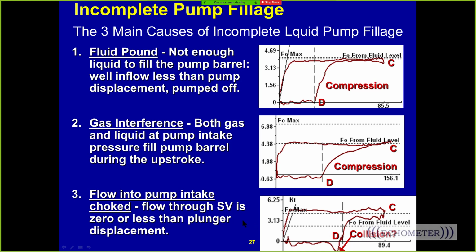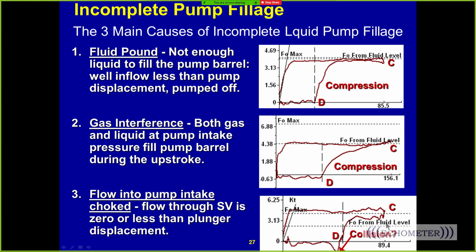But the thing that confirms it's a blocked intake is that there's usually no fluid production at surface, and the fluid level load line says the pump card should only be this tall. So the pump card is at FO max because there's no fluid entry, no pressure entry from outside the pump. So the pump intake pressure is 0 on the upstroke because there's no inflow from the outside.